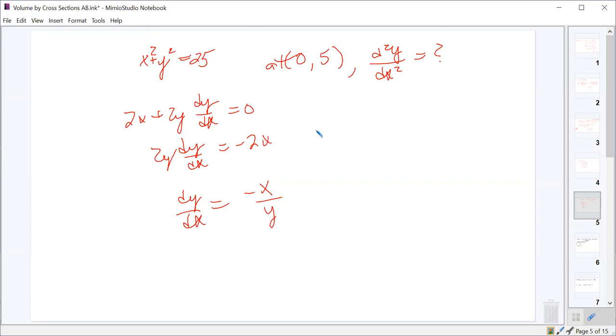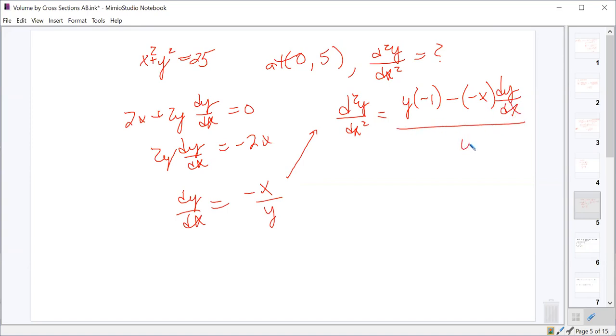And then from there, to find the second derivative, we just take the derivative of this implicitly, so the denominator times the derivative of the numerator minus the numerator times the derivative of the denominator over the denominator squared. And dy dx was negative x over y. So this should come out to be negative y minus, and then it's negative x times another negative x, which is an x squared over y.